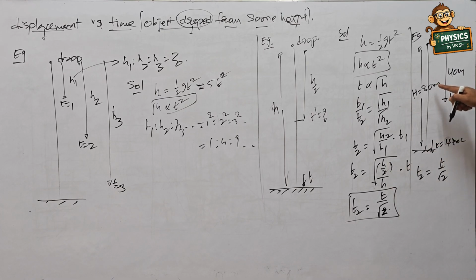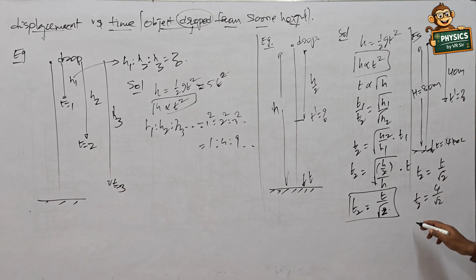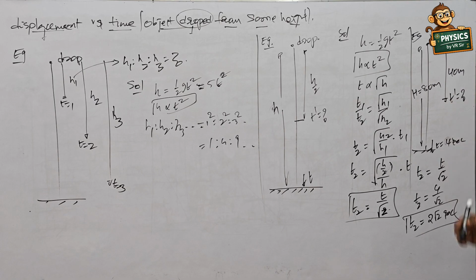Here the total height is 80 meters and we are asking the time taken to fall only 40 meters, half of the total height. So the time is the total time by root 2. T2 is 4 by root 2, which is 2 root 2 seconds. This is the time taken for the first half of the journey.